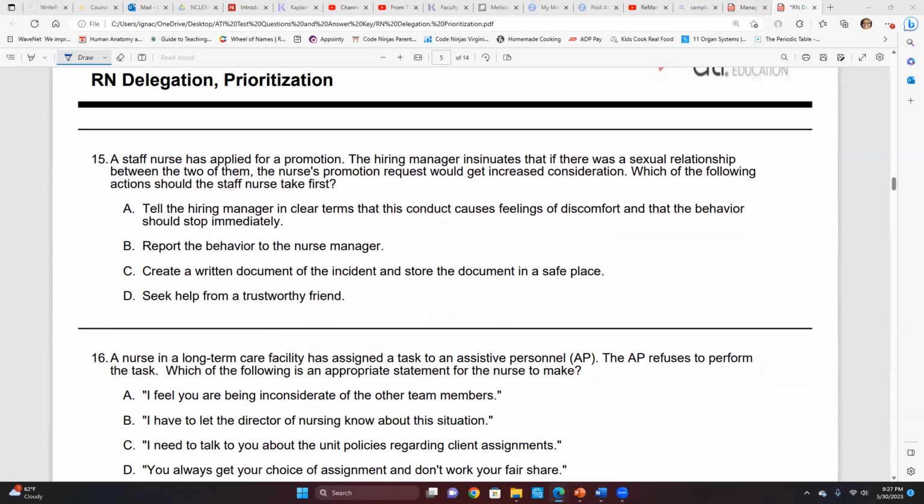A nurse has applied for a promotion. A hiring manager, internship. Oh, that's harassment. Then the nurse will experience that, immediately report the behavior to the nurse manager.